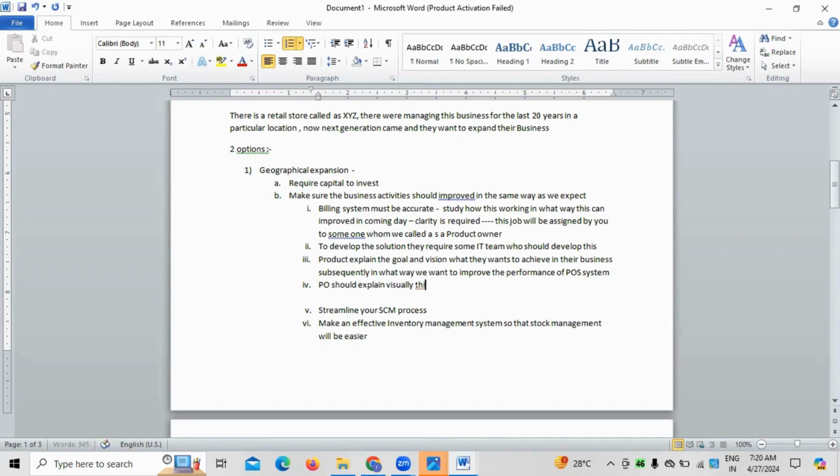This is the reason why we, as a product owner, create a roadmap, or else we call it a timeline, using a tool called Jira. Understood? Clear? Everyone now?